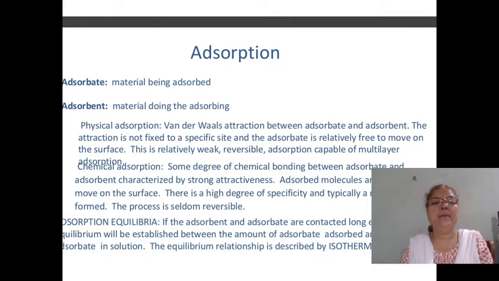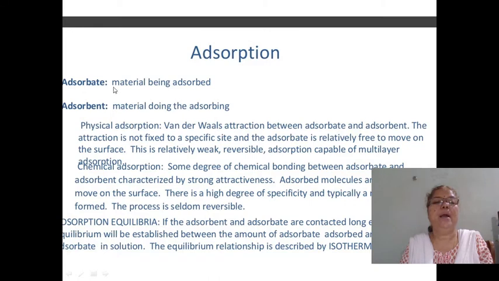In this example, the gas molecules are the adsorbate, and the definition of adsorbent is the material doing the adsorbing phenomenon. In this example, the charcoal acts as an adsorbent.